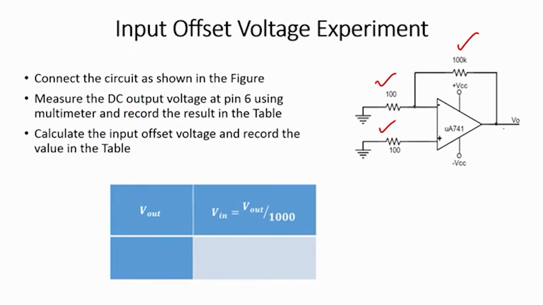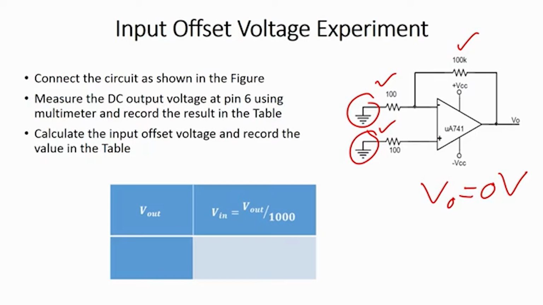We have to measure the value of voltage VO. We are assuming that the input is grounded, which means output voltage should be 0 volt when inputs are grounded. This is what we think.